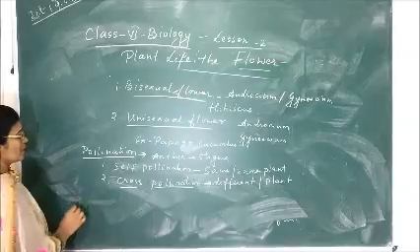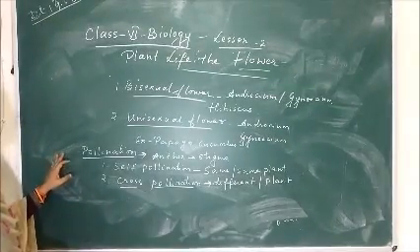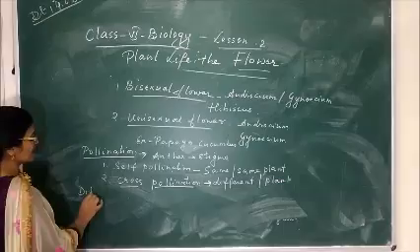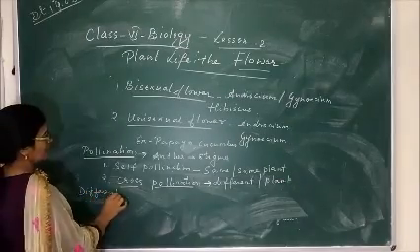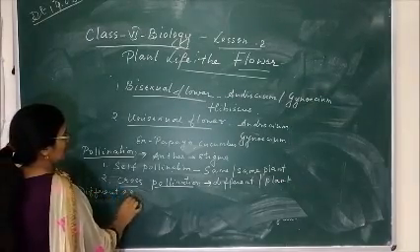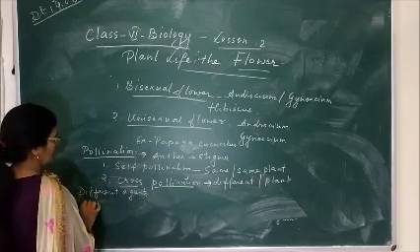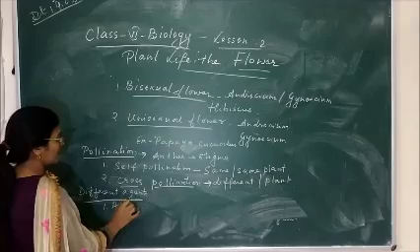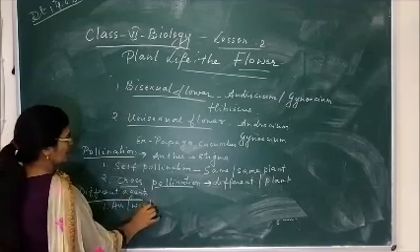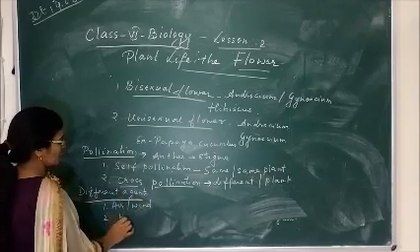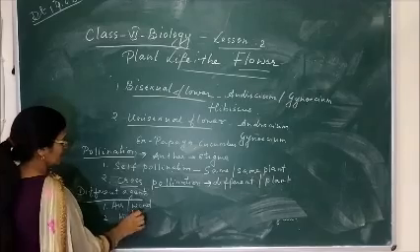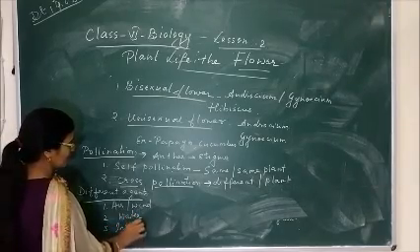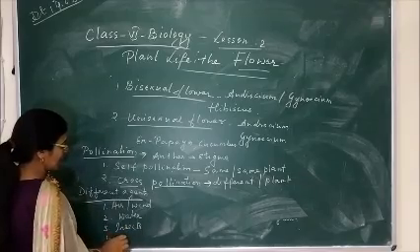And the agents or the means by which the pollination takes place are: first is air or wind, second is water, third insects, fourth animals.